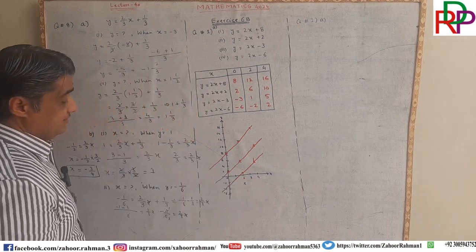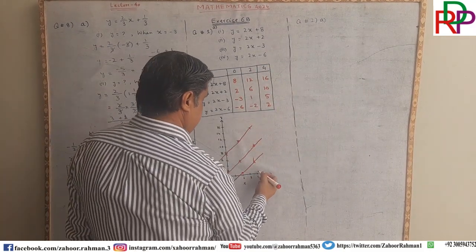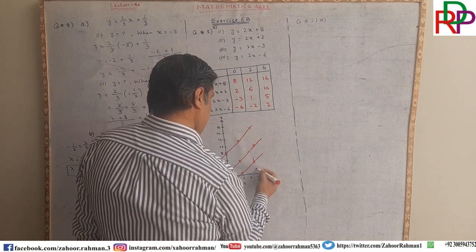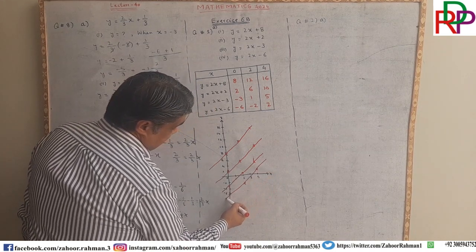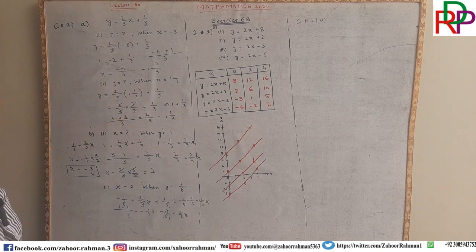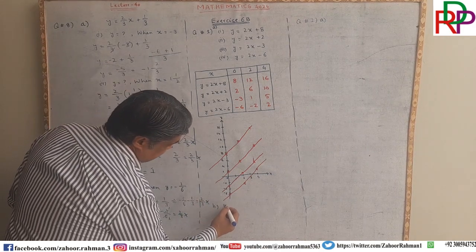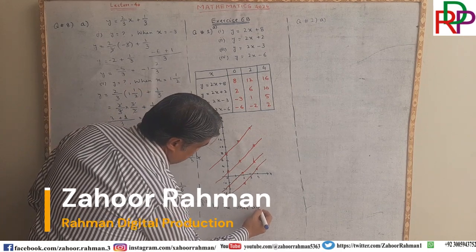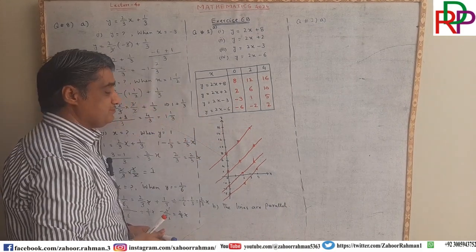When x is equal to 4, y is equal to 2, which will be here. Now we have to connect these 3 points. And roughly you can estimate that the lines are parallel. So part B is saying the lines are parallel. Yes, this is the observation.